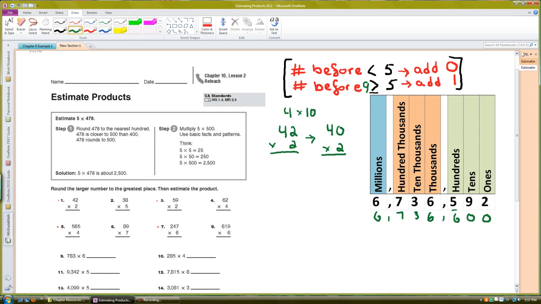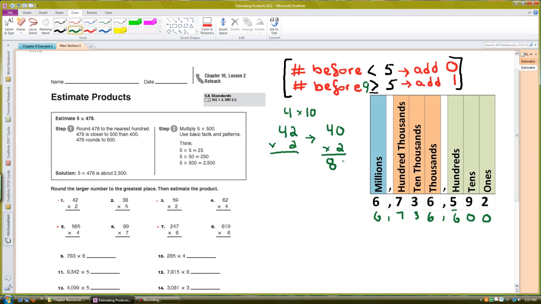All we have to do is multiply the two non-zero values and add the number of zeros. Okay, so here we only have 1 zero. So we can say 2 times 4 is 8, and we simply add 1 zero.